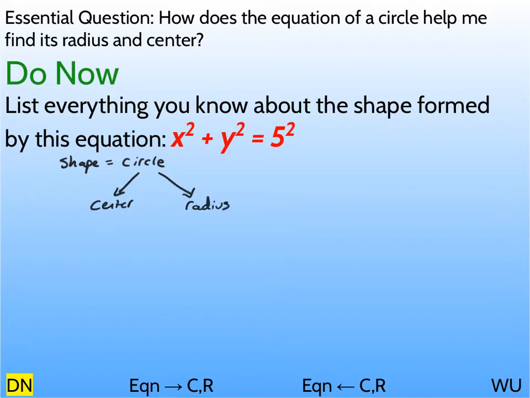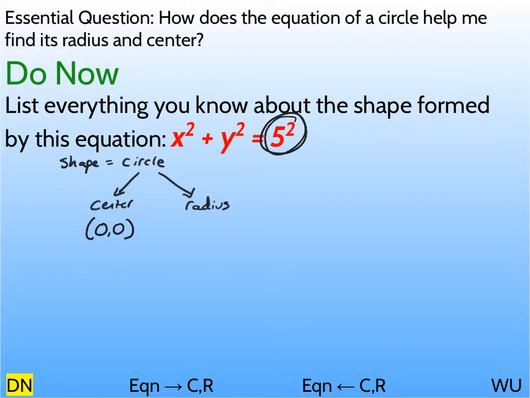So based on yesterday, you guys remember that if it's just regular x squared and regular y squared like that, then the center is the origin, 0, 0. And then the radius is going to be this number here, but it's the 5.